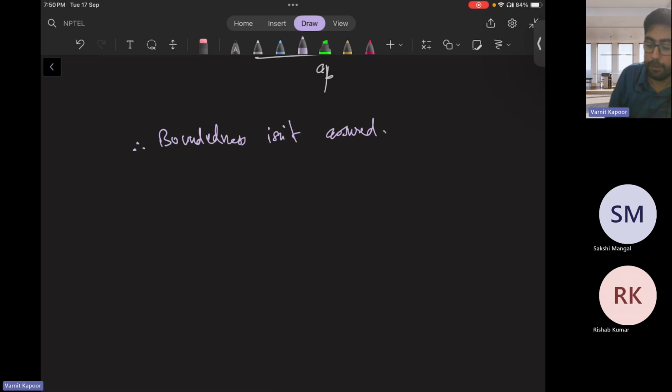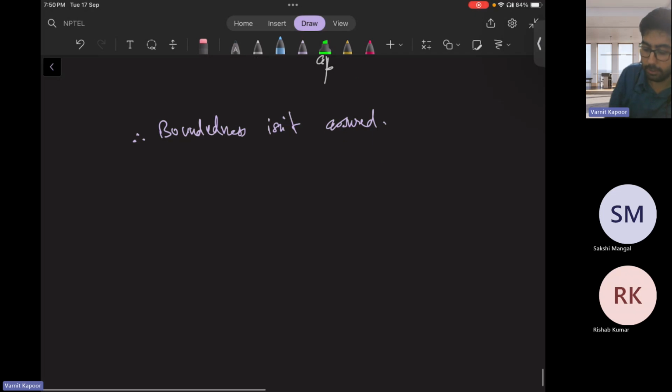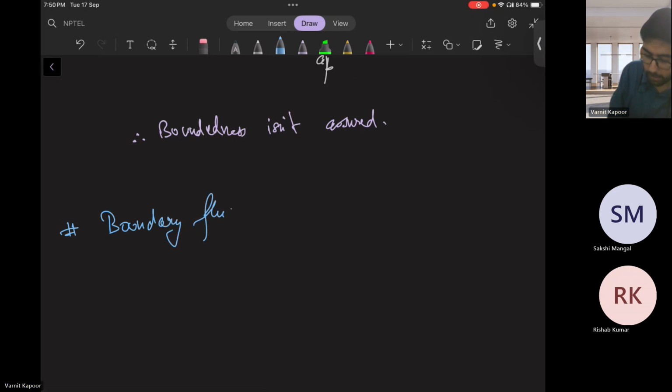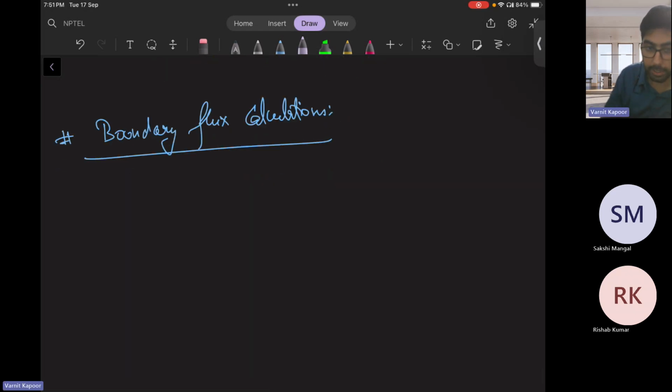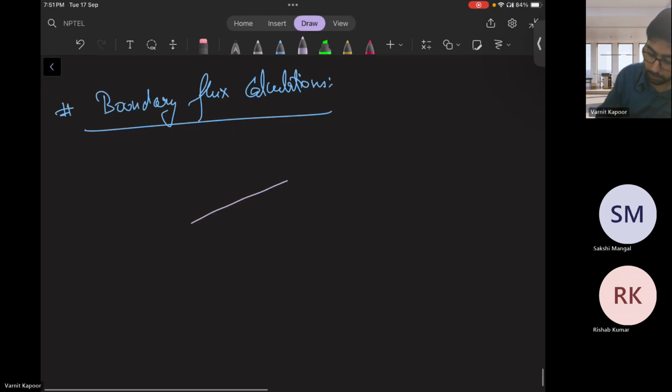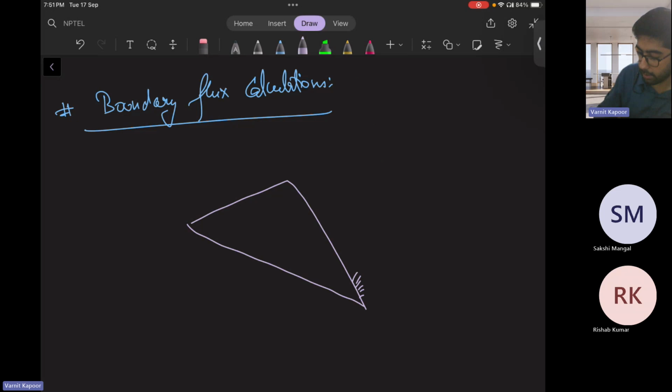Okay. Now, coming to the boundary part, if you have boundary flux calculations, so far we were dealing with internal cells. There is some boundary flux calculation. The cell is at the boundary. So this is your cell, and this is your boundary. And this is still centroid C naught here.